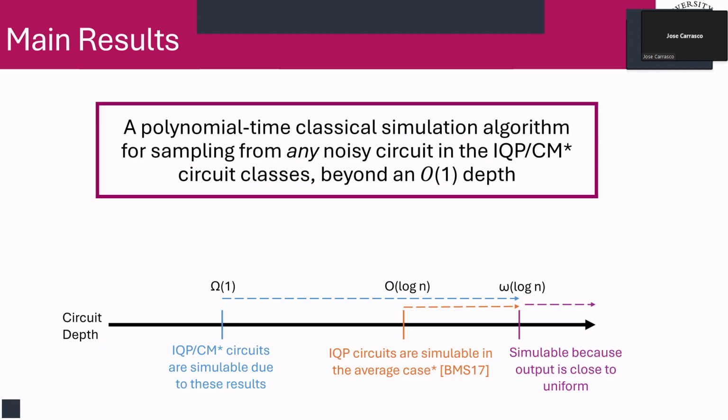Well, one thing is this Bremner, Montanaro, Shepherd result works for any IQP circuit that is anti-concentrated. And then later it was shown that you can construct a clever IQP circuit that is anti-concentrated at constant depth. That's why there's a star there, basically. The idea is that whatever depth you anti-concentrate at, this simulation algorithm would give you as a result. I see. Yeah, thanks.